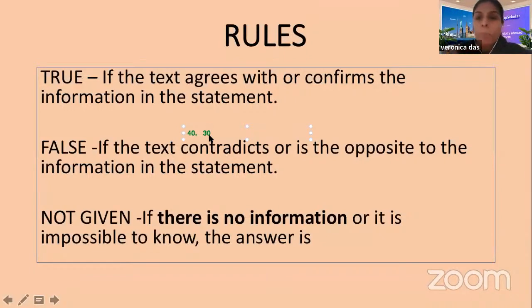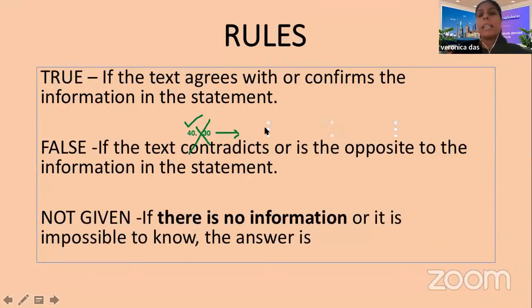Is 40 the opposite of 30? No. Something that denies, something that is wrong. So our passage said there are 40 students in the museum, but your statement in the question said it is 30. So when it does not match, it contradicts, and then we mark it as false. This is one way of doing it.